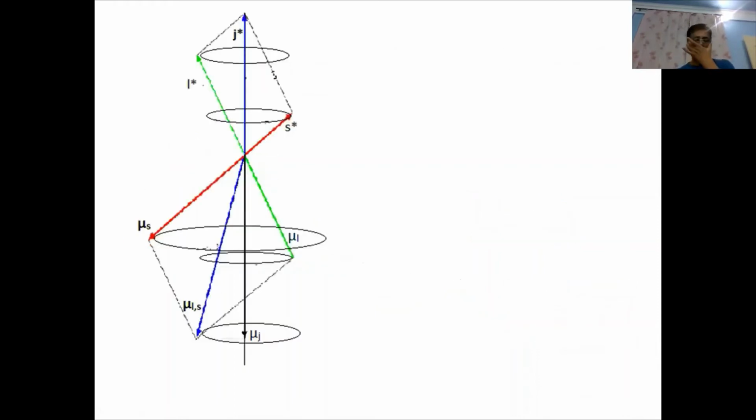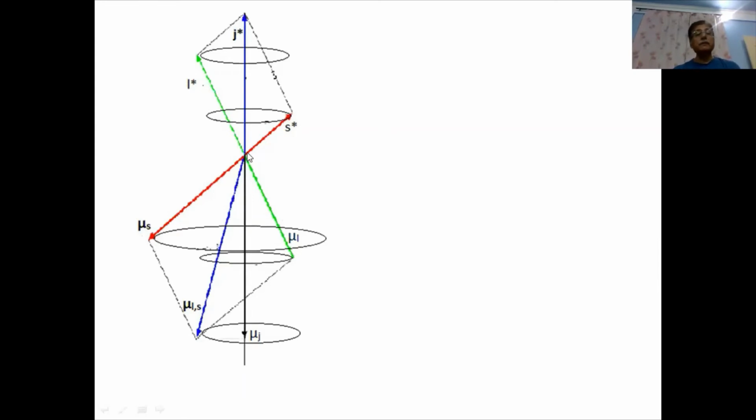Now here we can see through the figure a very significant point. We have S star, we have L star, and this is the resultant J star. So the magnetic moment associated with spin will be pointing opposite in this direction, and the magnetic moment associated with orbital angular momentum will be pointing in this direction, so that their resultant mu ls will be pointing in this direction.